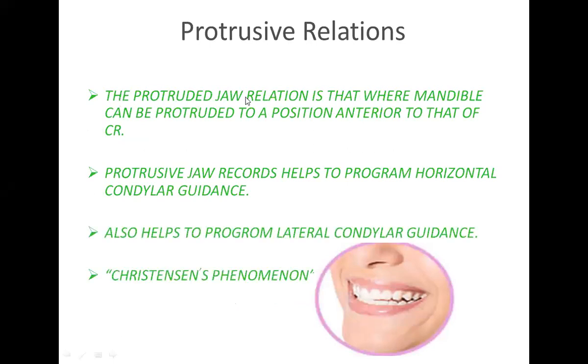The protrusive relationship is very easy to understand. We bring the jaw forward just like in this picture. Bring your mandible edge to edge. That is almost 4 to 6 millimeter protrusion. Beyond that, we do not need anything. We can move the jaw ahead of this limit.